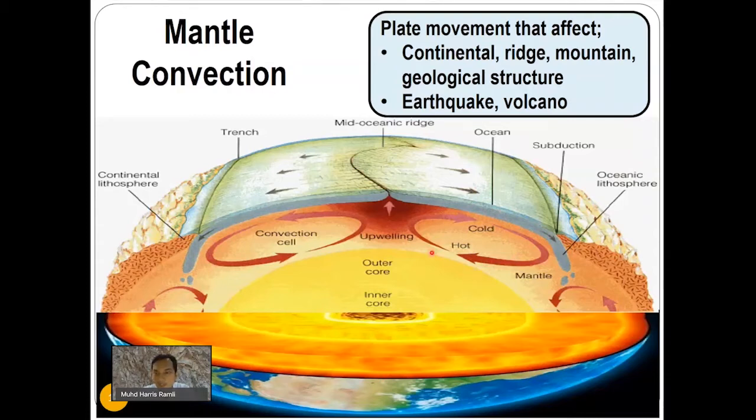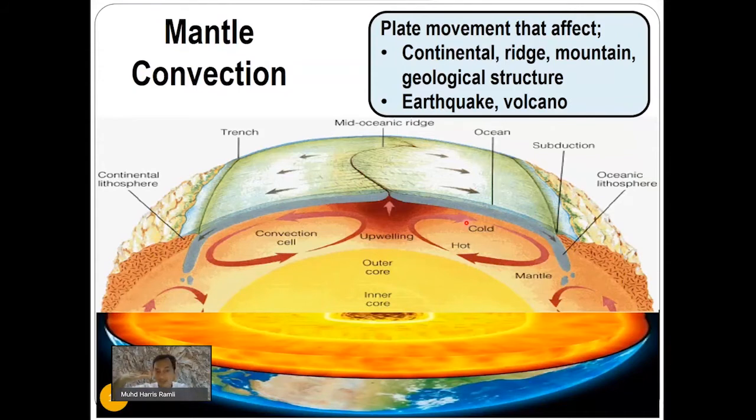Just imagine you have this plate, this is the crust, and underneath you have this cycle of magma convection. What happens then? It is very hot material, and basic thermodynamics says you have a high amount of pressure. Every time it goes up, it has energy.